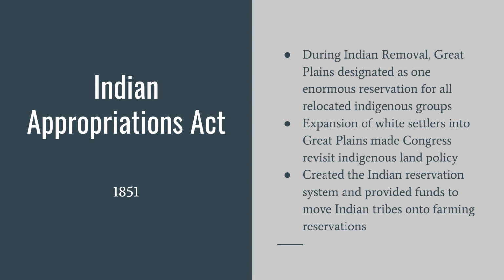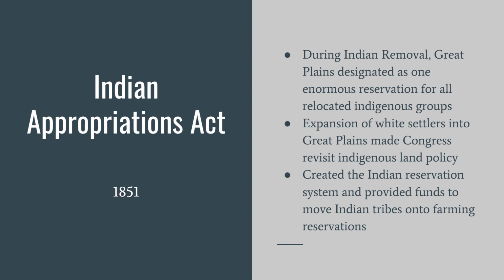So in 1851, the Indian Appropriations Act is passed, and it changes the land allotment in Indian Territory, as it is called. During Indian removal, the Great Plains is designated as one big reservation for all relocated Indigenous groups.